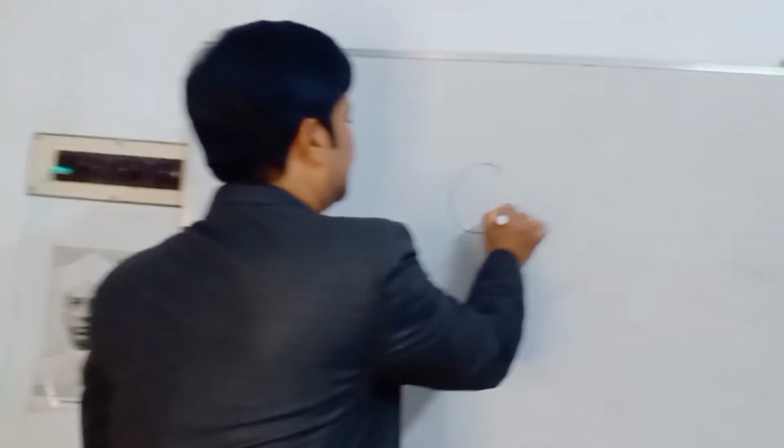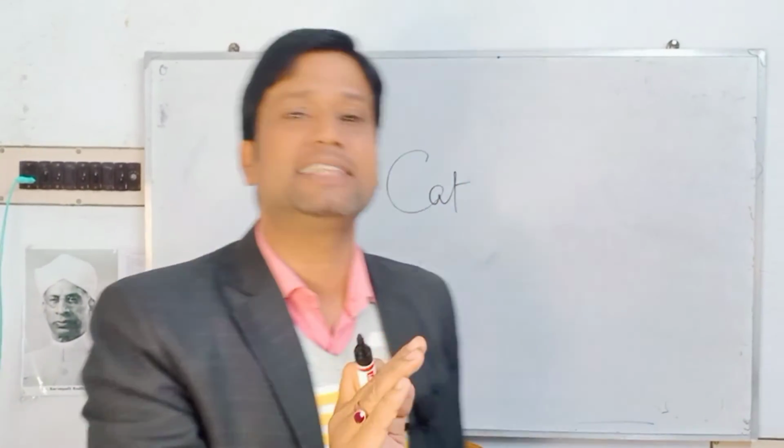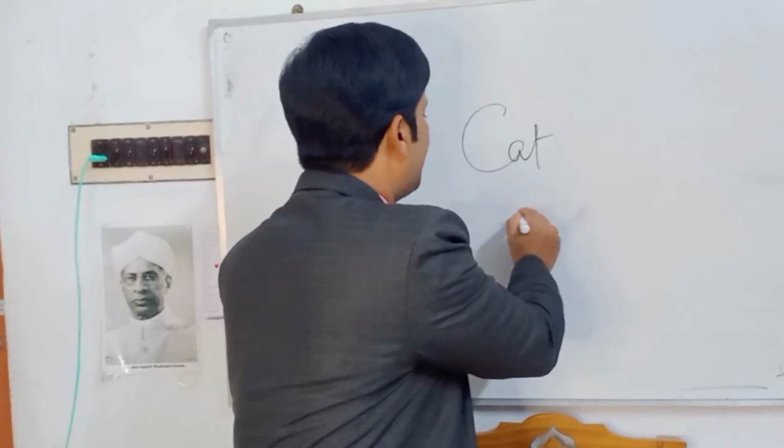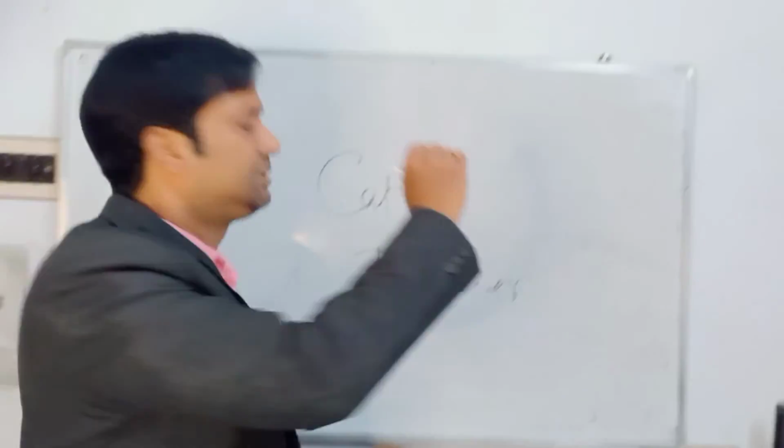As for example, if a word has one syllable, that is called a monosyllabic word, for example, cat. If a word has two syllables, that is called a disyllabic word, for example, teacher: teach, er.